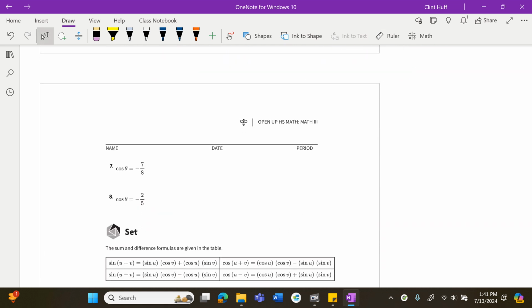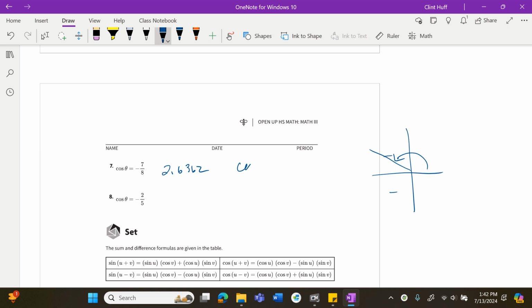All right, on 7 and 8, the cosine value is negative in quadrants 2 and 3. So when you inverse cosine negative 7/8, you're going to get the quadrant 2 value, 2.6362. So that's going to give you this angle.